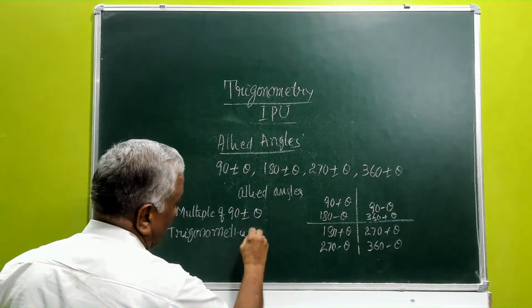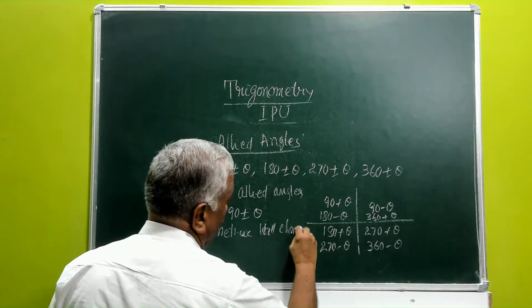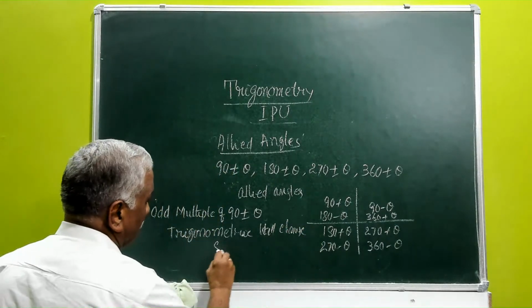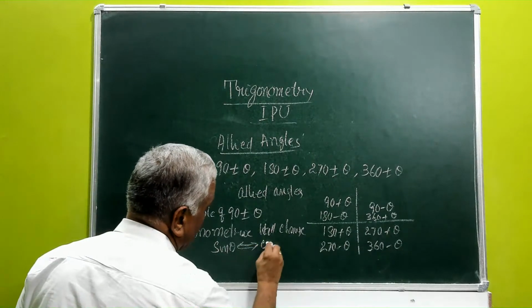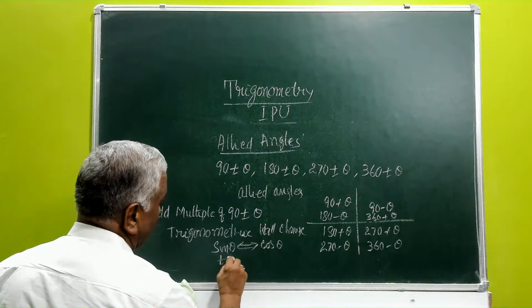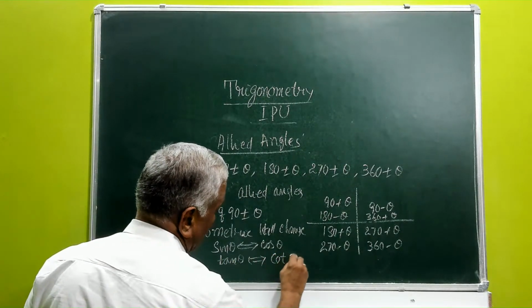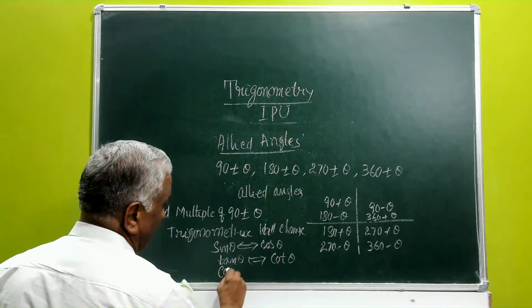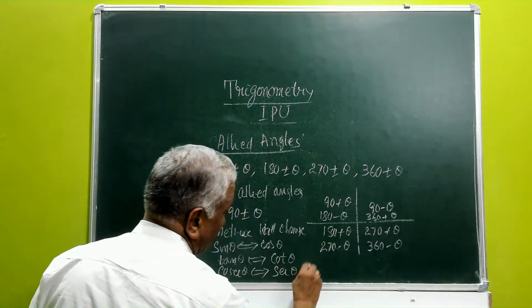What changes? Sin theta changes to cos theta. Tan theta changes to cot theta. Cosecant theta changes to secant.